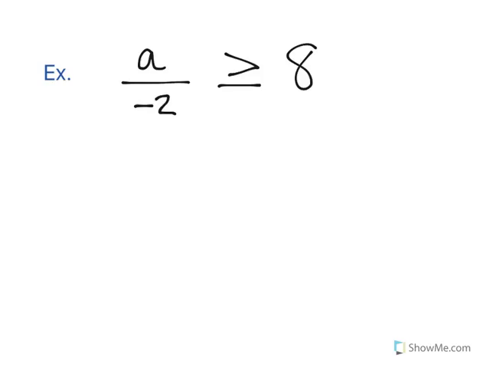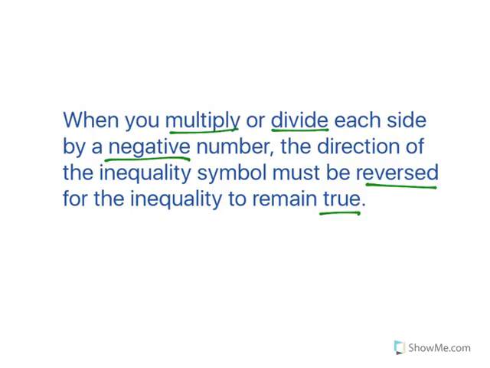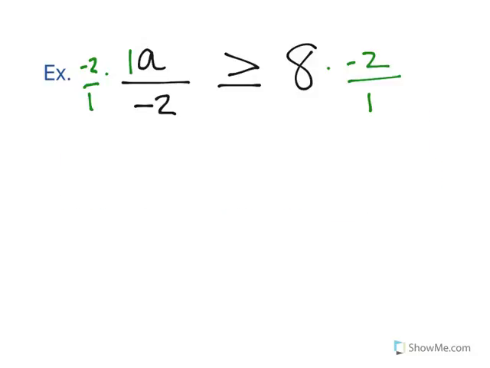For the example, a divided by negative 2 has to be greater than or equal to 8. We need to solve for a. Again, we can put the imaginary 1 in front. So we have to multiply this by negative 2 over 1, and multiply this by negative 2 over 1. Now, because of this rule that we went over, because we're multiplying by a negative, we're actually going to flip this inequality around.